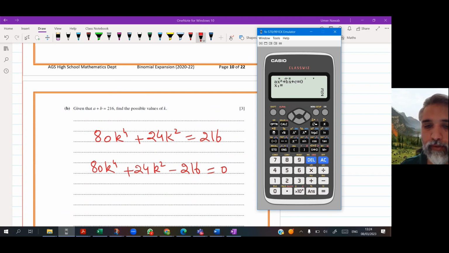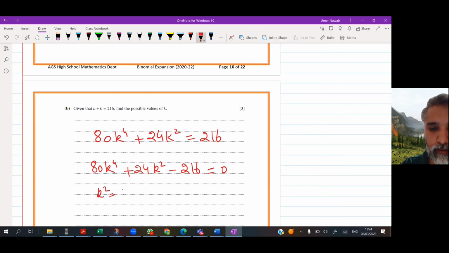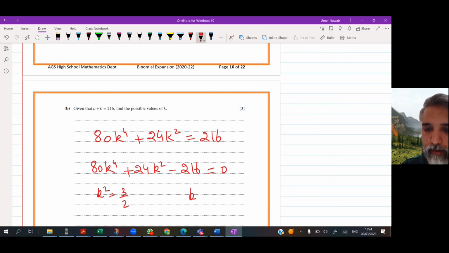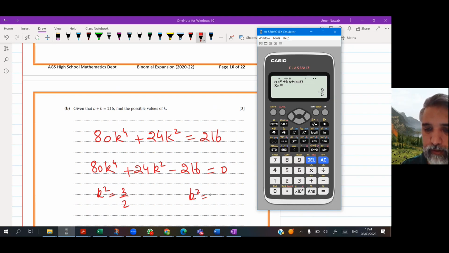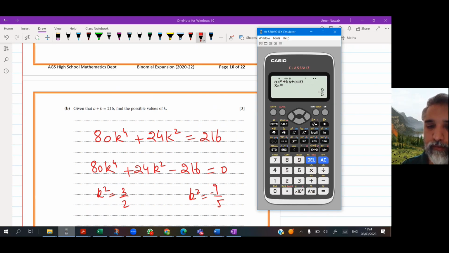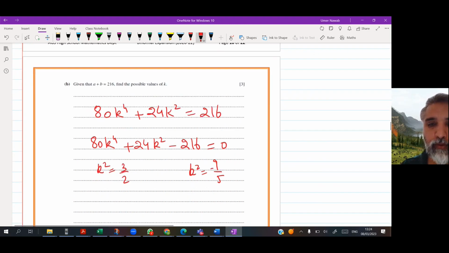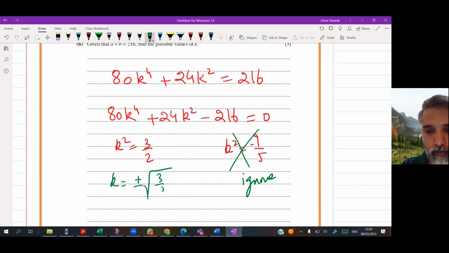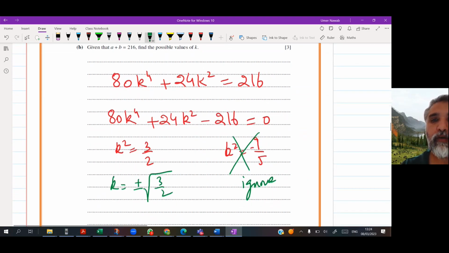The solutions are k squared equals 3 over 2 and k squared equals minus 9 over 5. A square cannot be a negative number, so ignore that. K is equal to plus or minus the square root of 3 over 2. So the possible values of k are found.